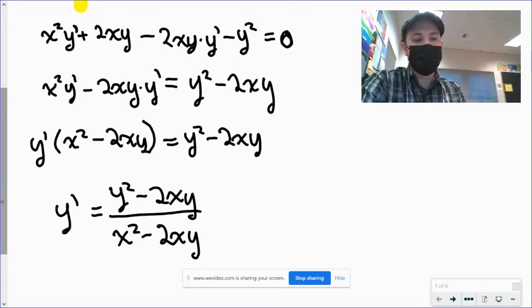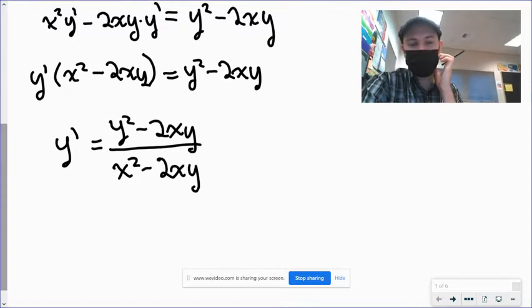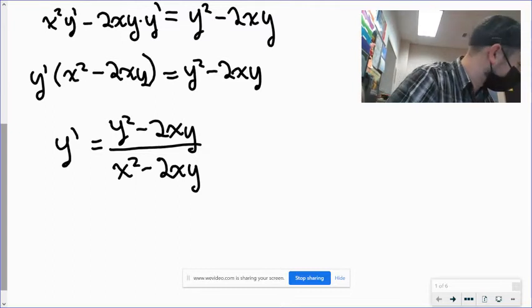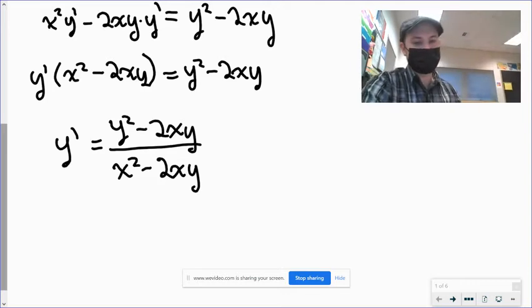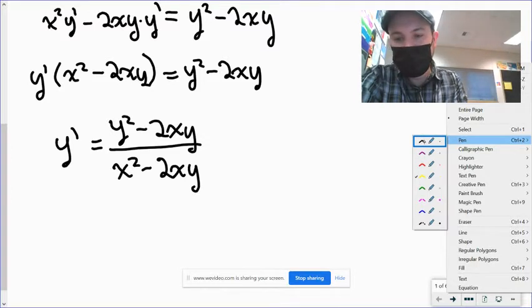Okay. So to answer the question in the problem, they wanted to know when this function is undefined? And I think we're going to get a pretty sophisticated response to this because take a look at that denominator.